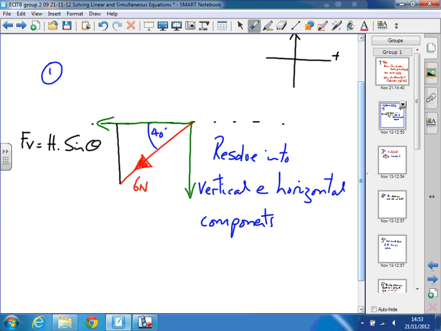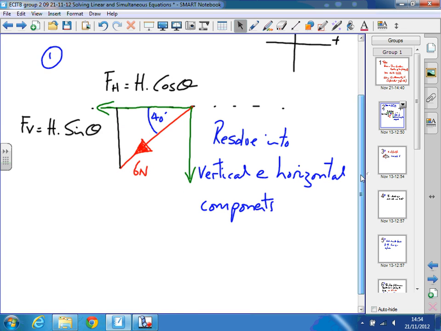And almost all the time that's the case, but not always, so be careful. And for this particular problem, the horizontal component of the force is going to be the hypotenuse times the cosine of the angle. So those are the two formulae we're going to use to find the size of the force.